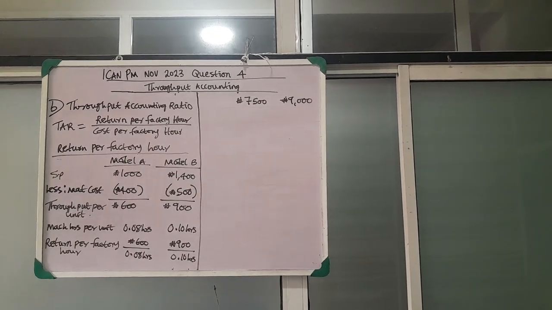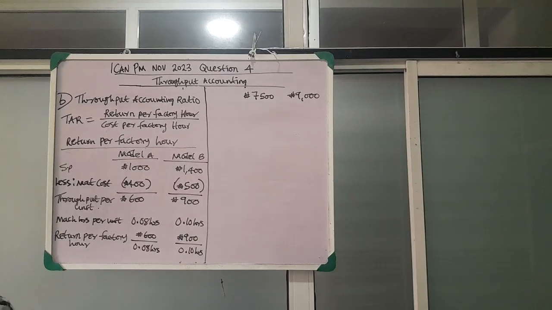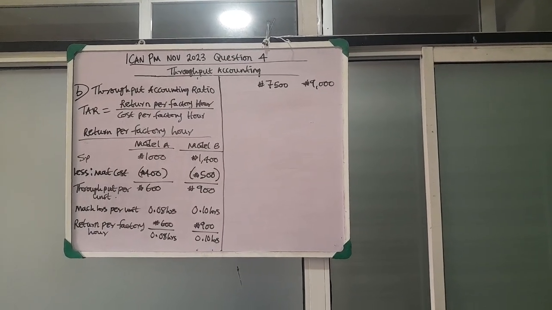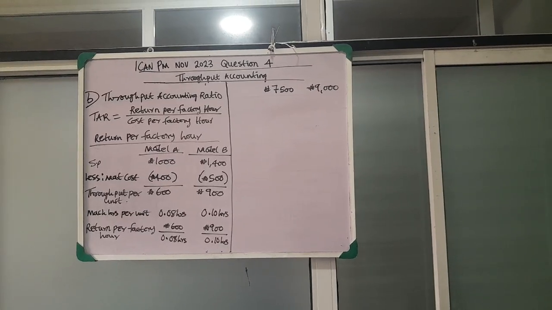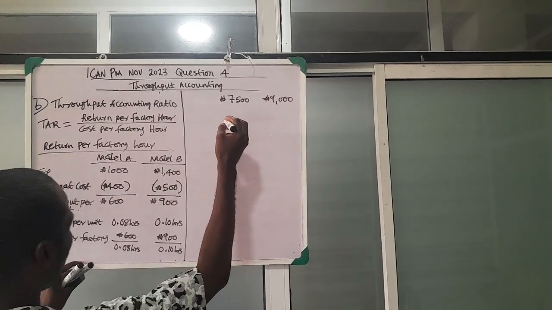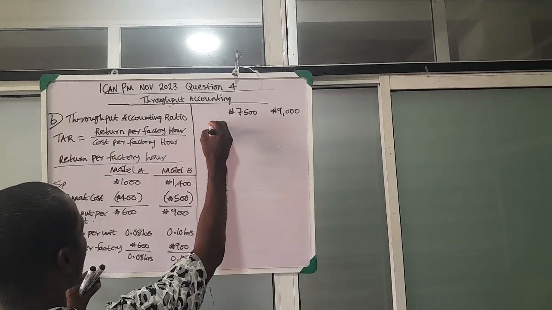So we are going to move to get the cost per factory hour. To get the cost per factory hour, we have other costs, that other fixed cost which was given in the equation.